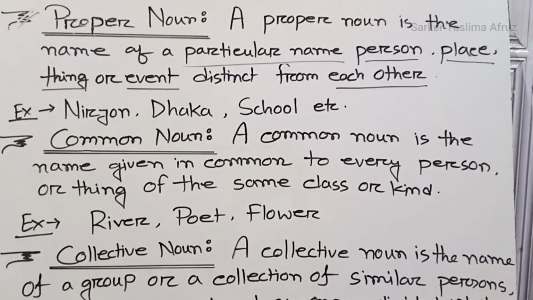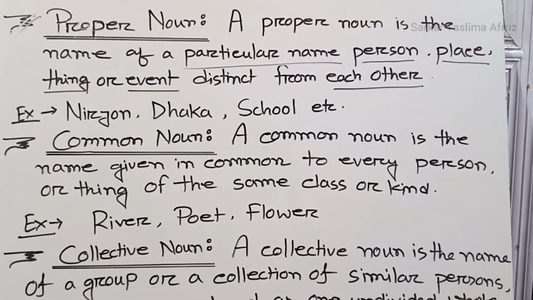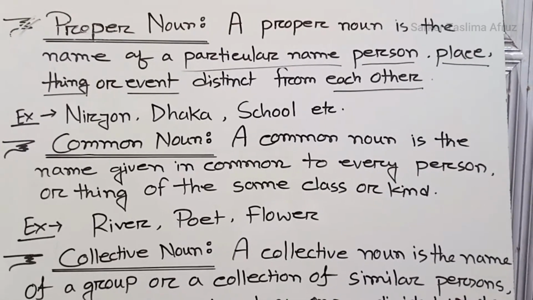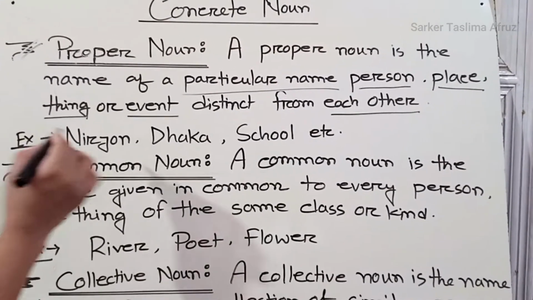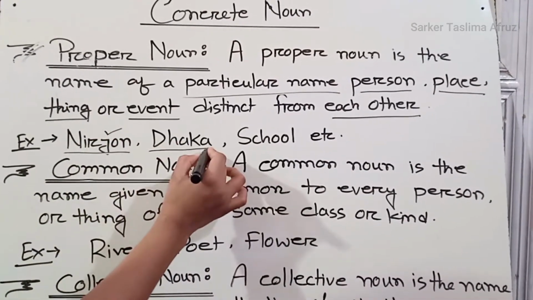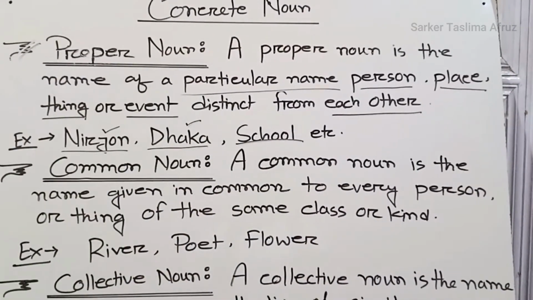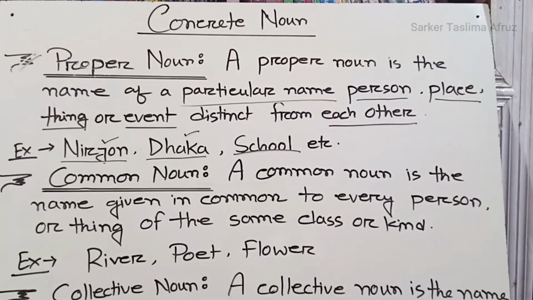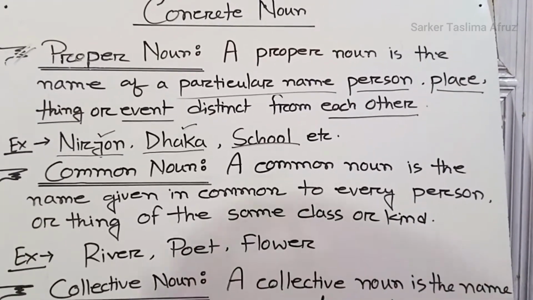So in fine, we can say any kind of name for which there is no common name is called proper noun. Here are some different examples for you. First one is a name, Nirjan. Dhaka, it's a place. School. So any kind of name which has no common noun is called proper noun.